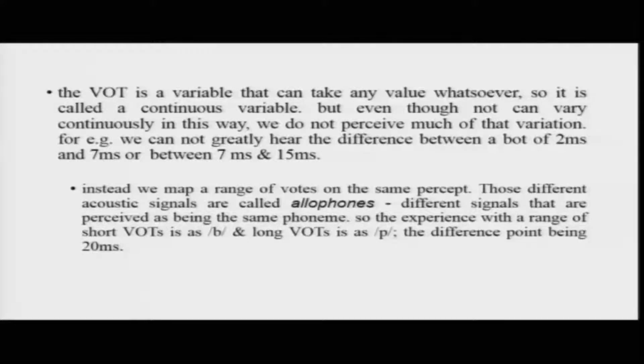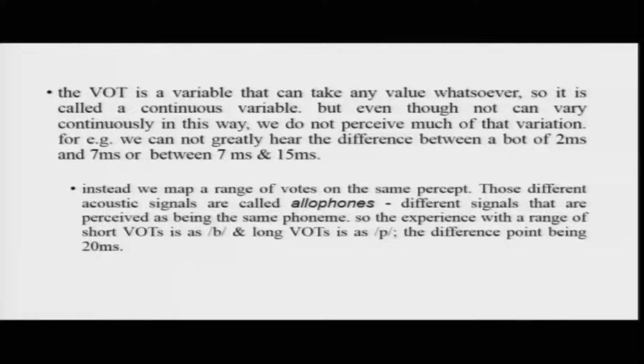So we hear a range of VOTs as the same percept. Those different acoustic signals are called allophones. Allophones are different signals that are perceived as being the same phoneme. So different versions of p, with slightly different VOTs, will all be perceived as the same category. These are referred to as allophones.